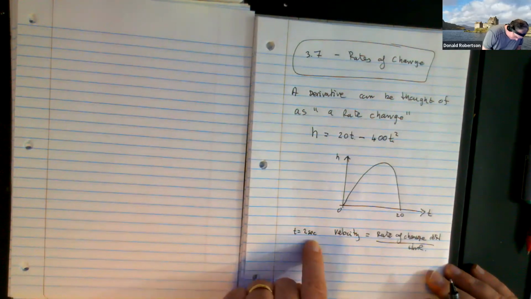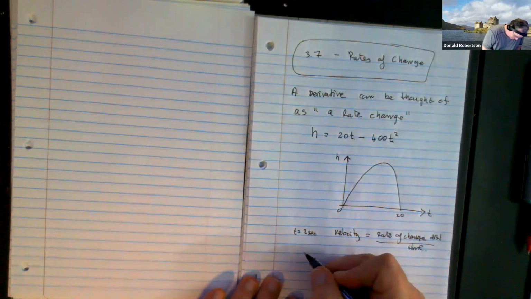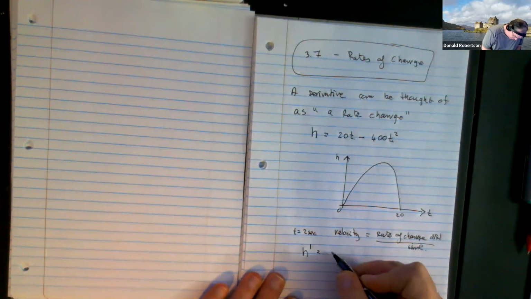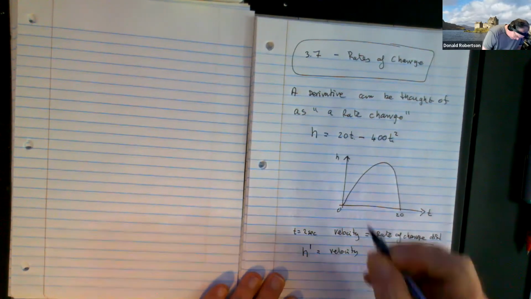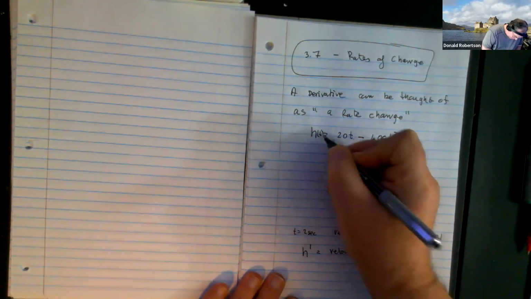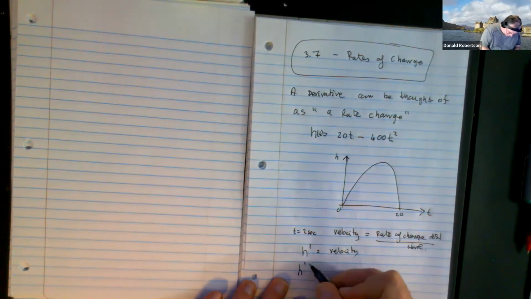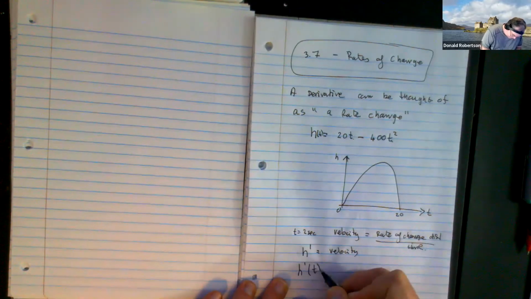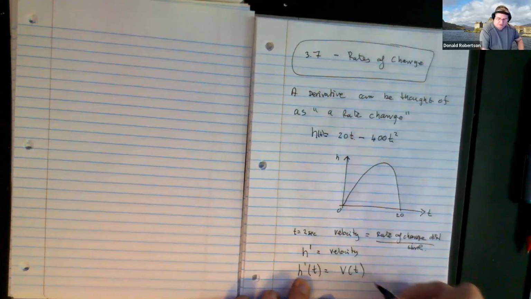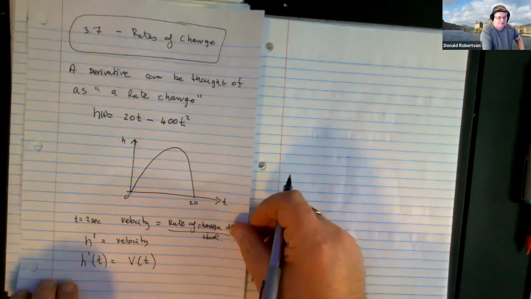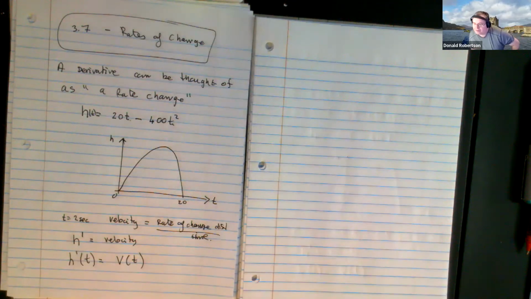Dead easy. The derivative tells you the velocity. So I'll make that function a t. The derivative of the height function is v of t, the velocity function. That is a very cool use of derivatives, isn't it?